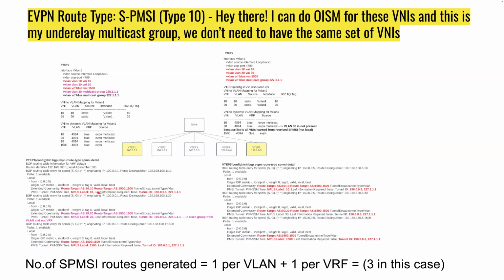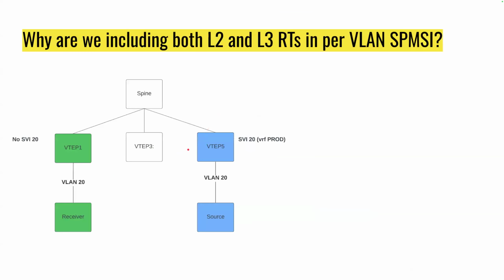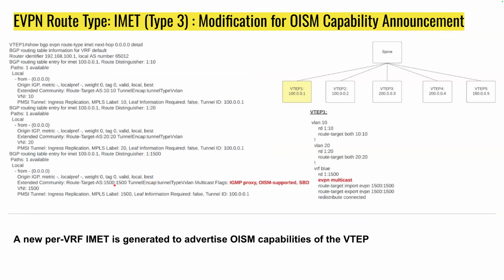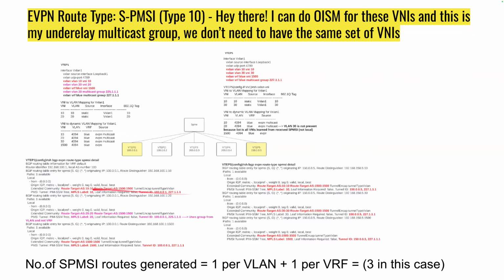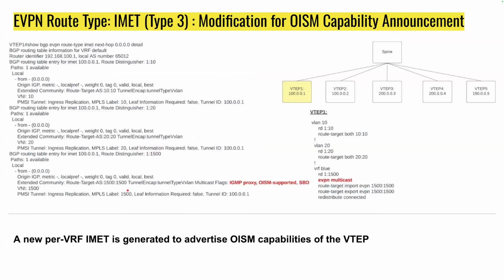right? So at this point, it will try to install this into this table, but it will also make use of the L3 IMET that we sent, which is where we have the OSM functionalities. So it would see the route target that it has, and it also compares with the route target in the IMET that it generated.